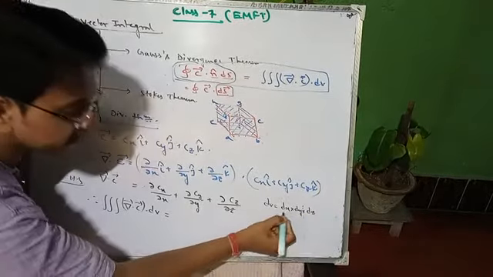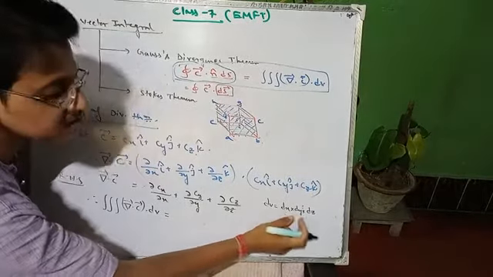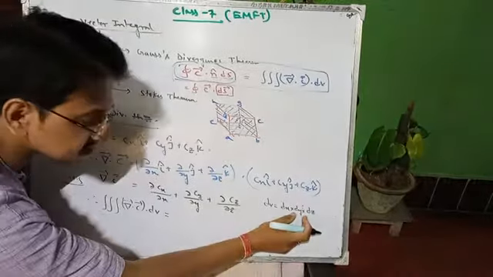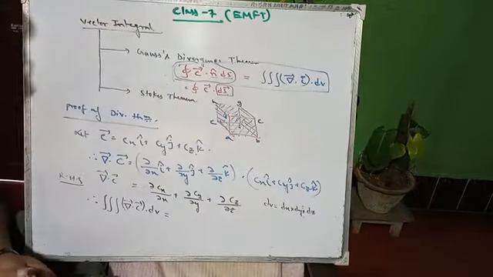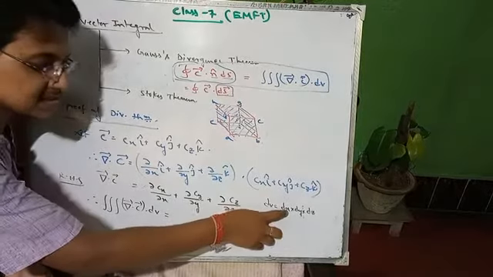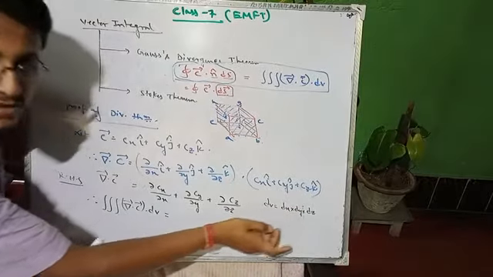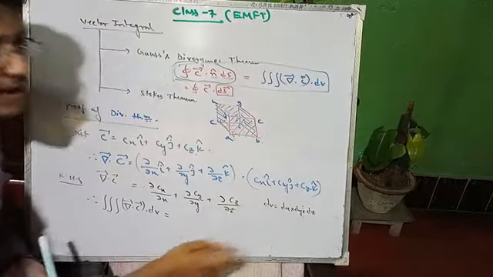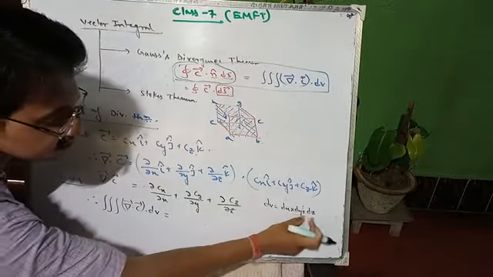That is the infinitesimal length in the x-axis into the infinitesimal length in the y-axis and in the z-axis. These are called the differential lengths as well as the infinitesimal lengths. So dV equals dx into dy into dz.